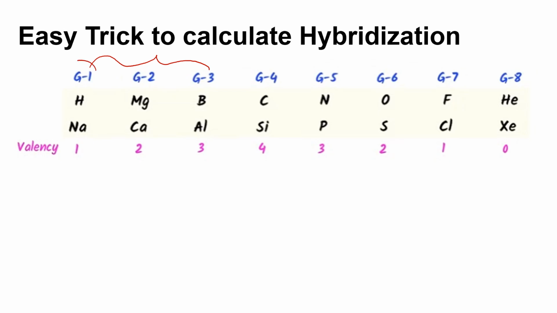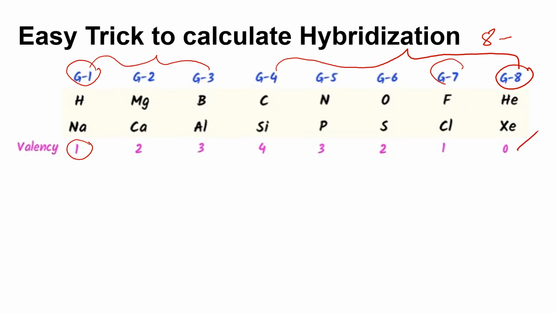For example, this is group 1, so they have 1 valence electron. But for groups 4 to 8, it is 8 minus the group number. So 8 minus 8 is 0. 8 minus 7 is 1. 8 minus 6 is 2. 8 minus 5 is 3. And 8 minus 4 is 4.